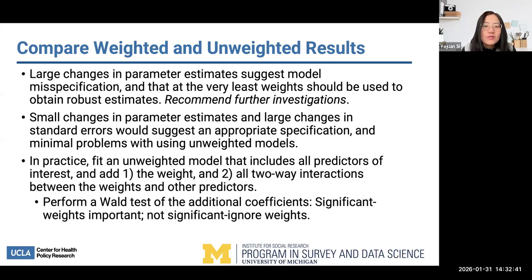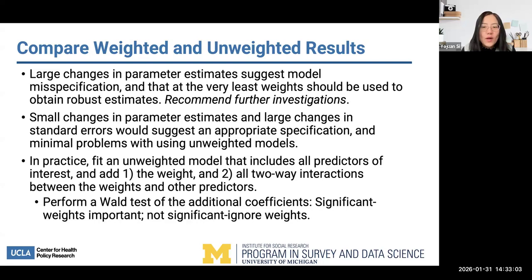So in practice, we recommend starting by fitting an unweighted model that includes all predictors of interest, and then sequentially we add the weight and all two-way interactions between the weights and other predictors.